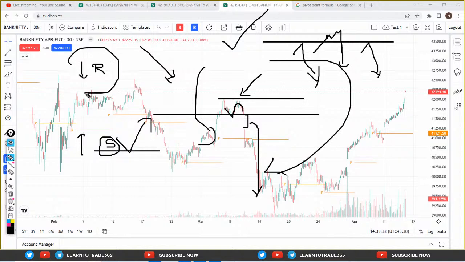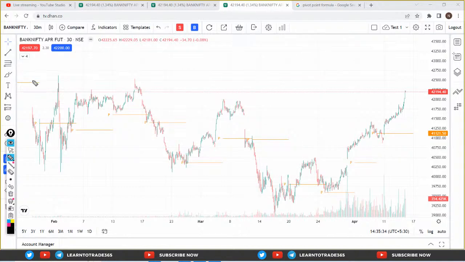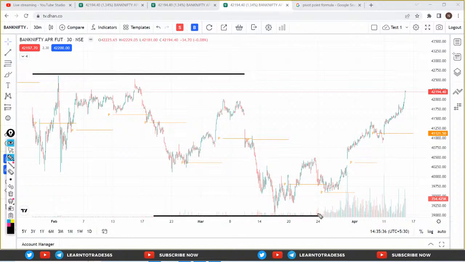Here the trend is down, so for this full area, as I'm checking from this point probably till here, that means from the start of February till March 14 or March 20, you can go back and check the trading sessions.